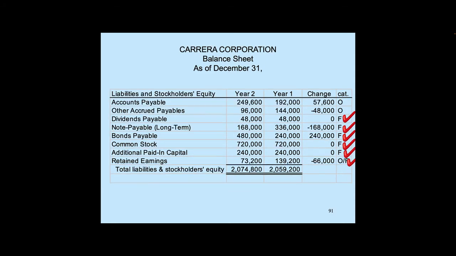As promised, the next thing we're going to deal with is accounts payable. The way I like to think about accounts payable, you can do it in different ways, is that we have an accounts payable beginning balance of 192 and an ending balance of 249.6.